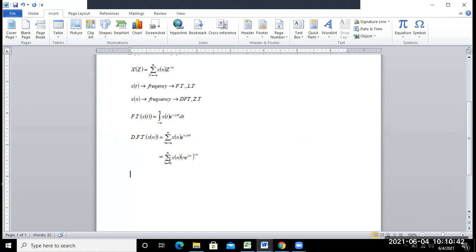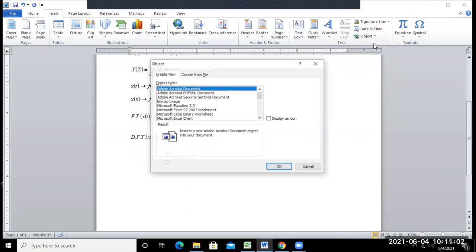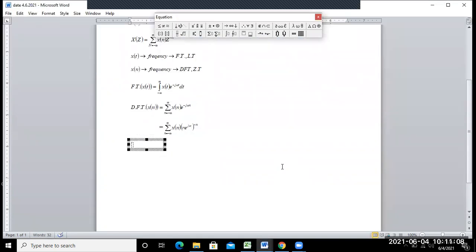If you add some amplitude to the exponential signal, then we can write the value of z equal to r e to the power j omega.